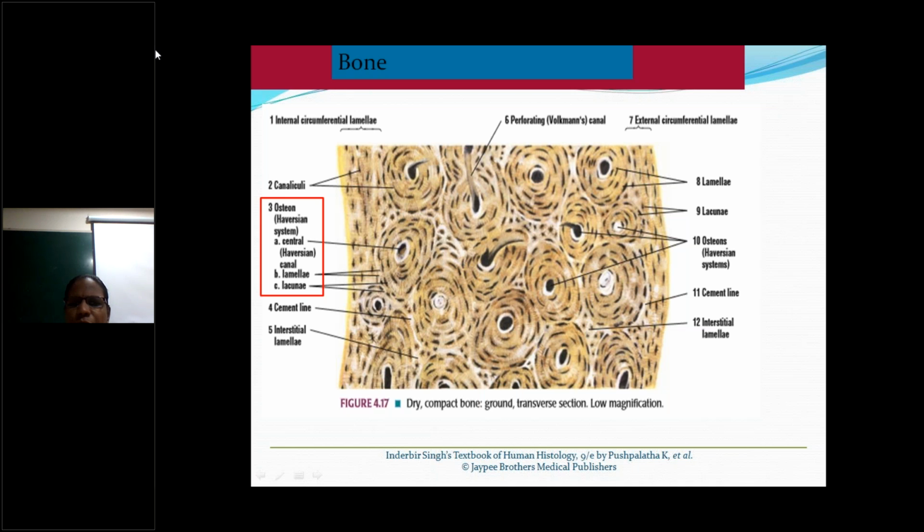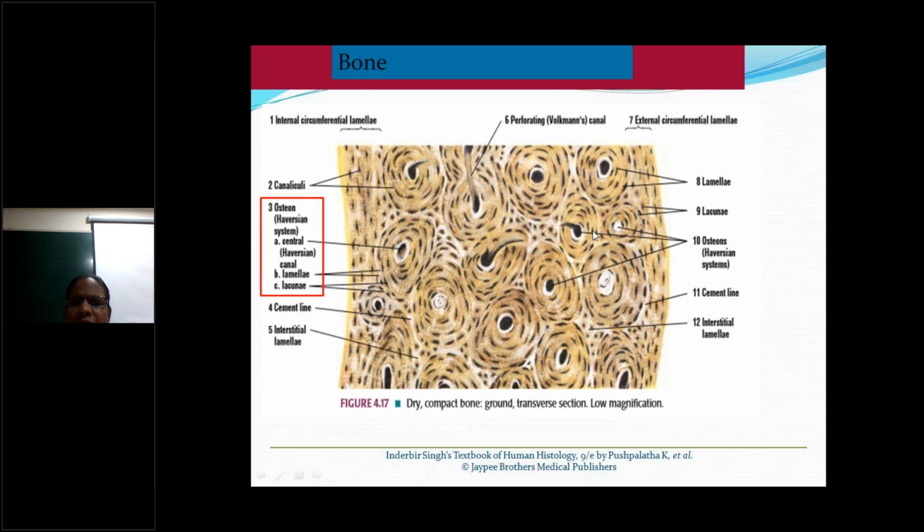In the compact bone part, you see this part; what is this part? The periosteum and endosteum. When we look at the bone transverse section, it contains a number of circular structures.